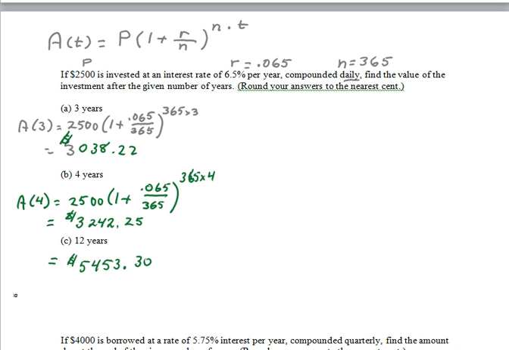So that is A of 12, which was 2,500 times 1 plus 0.065 over 365 raised to the 365 times 12.